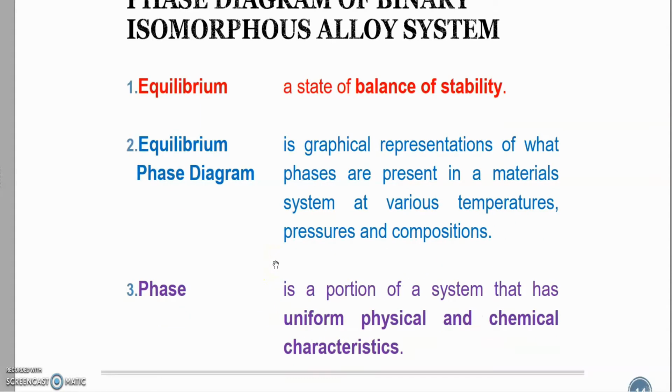Phase is a portion of a system that has uniform physical and chemical characteristic. Ini fasa lah. Equilibrium ni keseimbangan, okay? Keseimbangan di mana keadaan keseimbangan, dan equilibrium phase diagram rajah fasa, keseimbangan rajah fasa.